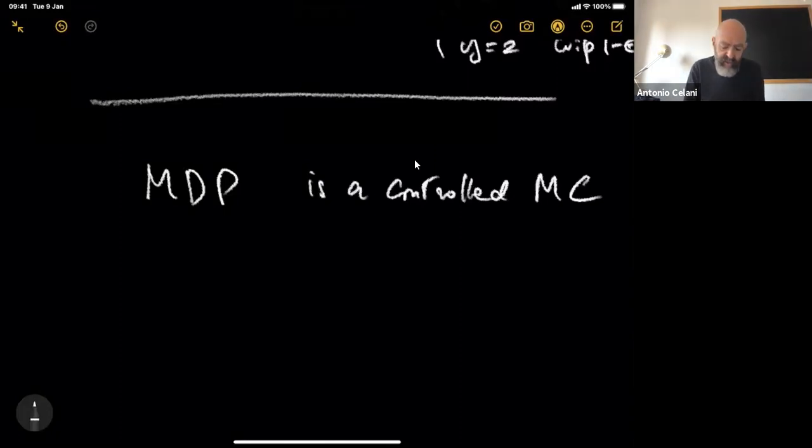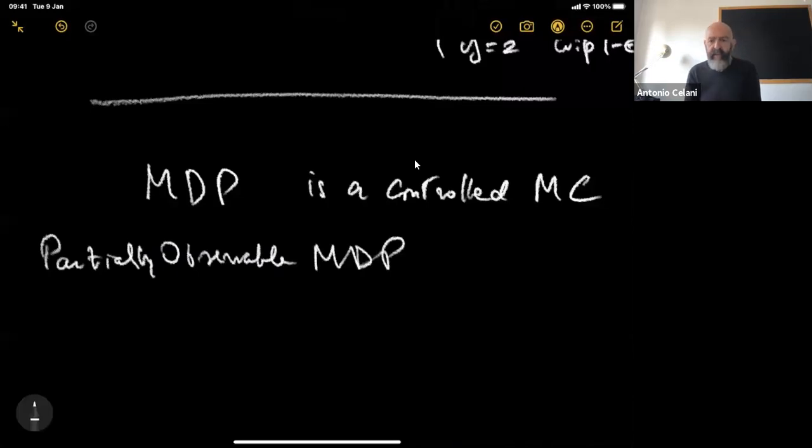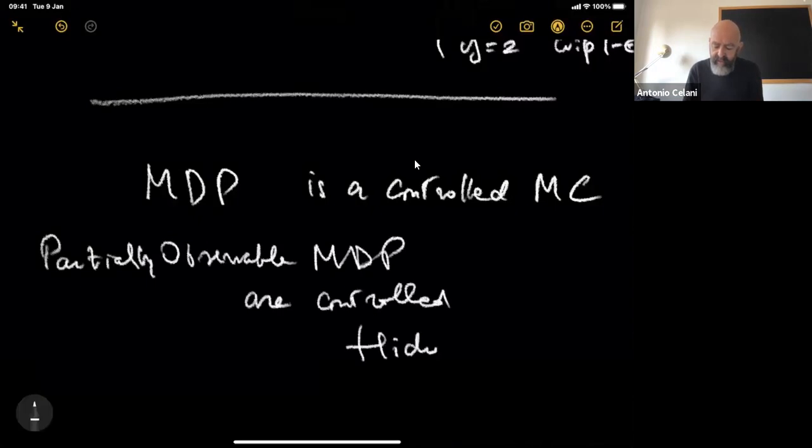Now, what we're going to introduce in the following are partially observable MDPs. Okay, so that's our goal. So what are they? Well, they are controlled hidden Markov chains. Okay, so that's the parallelism. In the first case, you had a Markov chain and you wanted to control it.